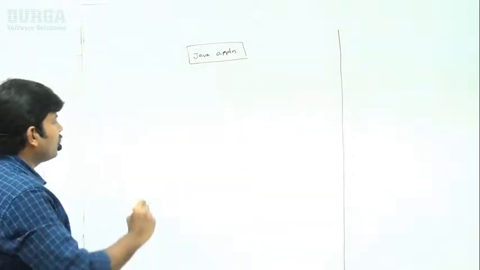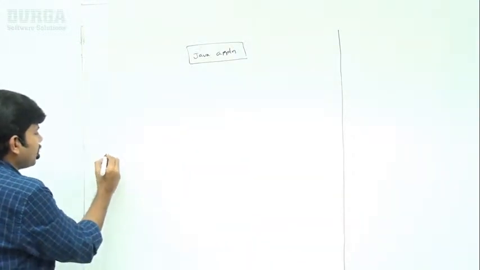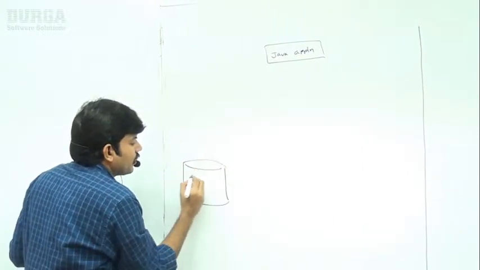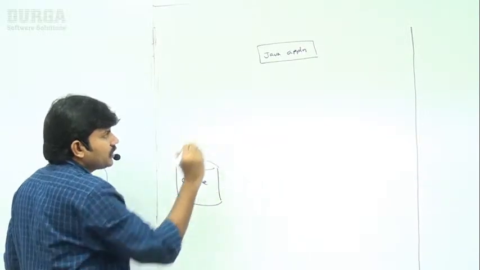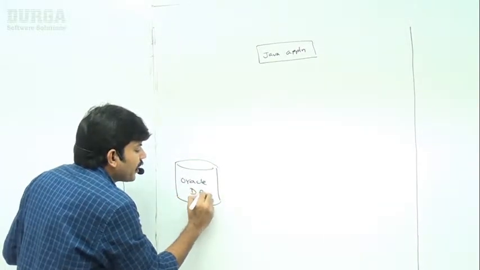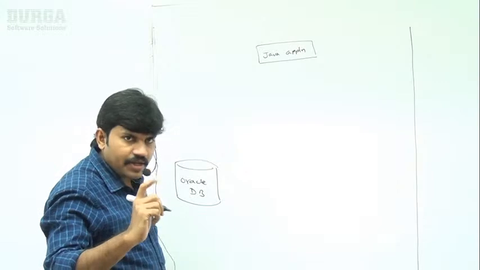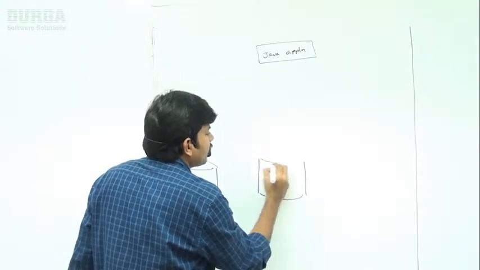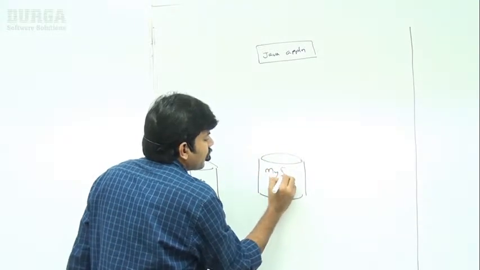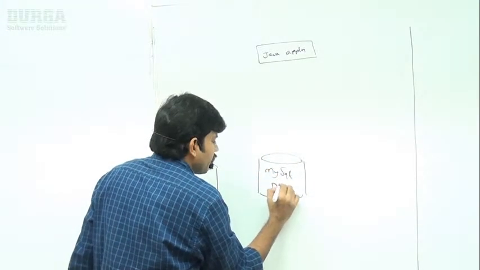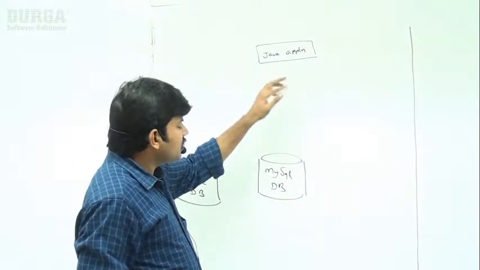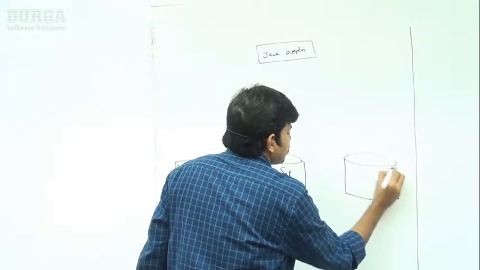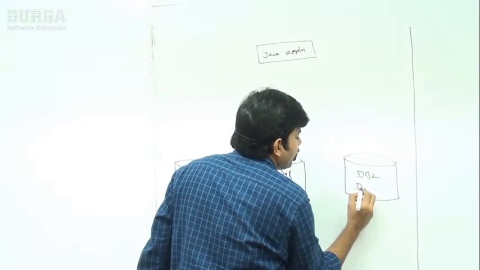Sir, now I want to use this application to communicate with the Oracle database. Same way, I want to use this application to communicate with the MySQL database. I want to use the same application to communicate with the DB2 database. DB2 from IBM, sir.